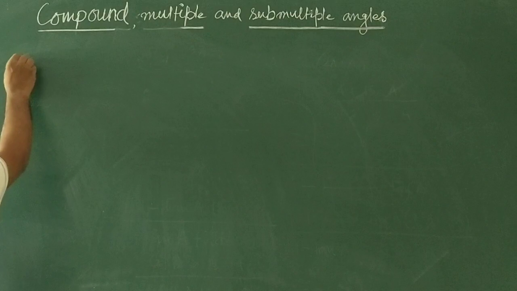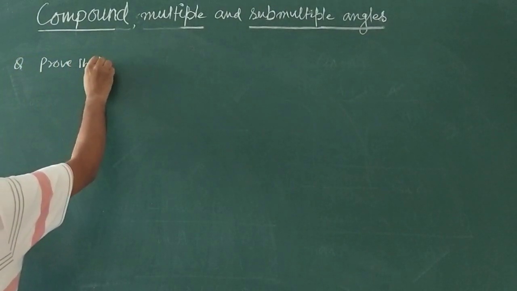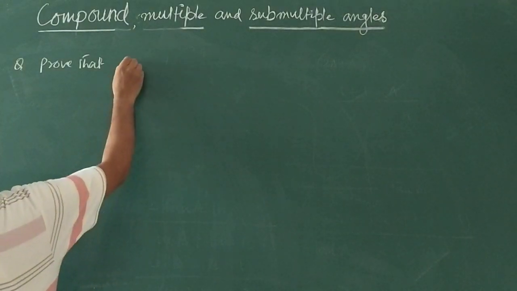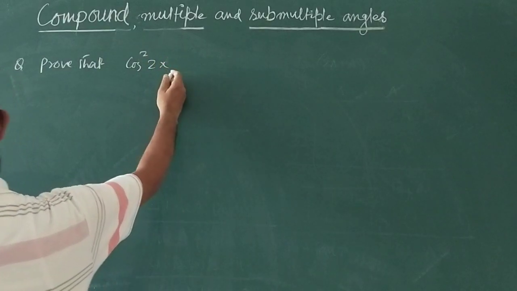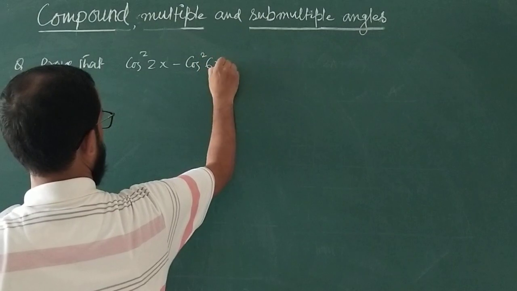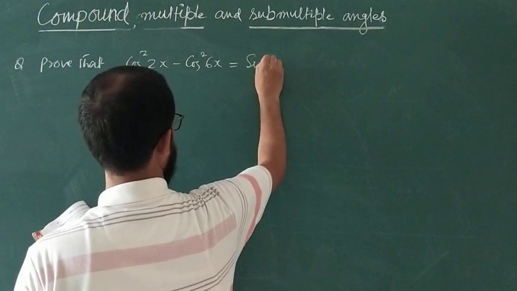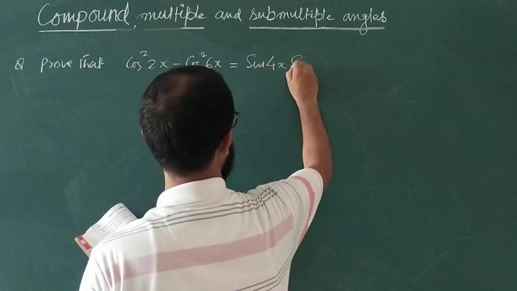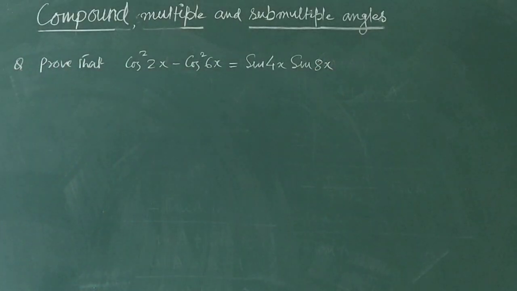Prove that cos square 2x minus cos square 6x equals sin 4x into sin 8x. Okay, this is what we are going to prove.